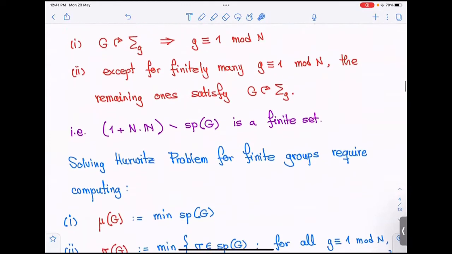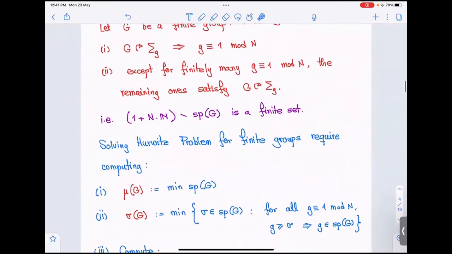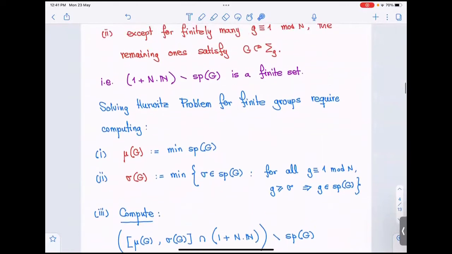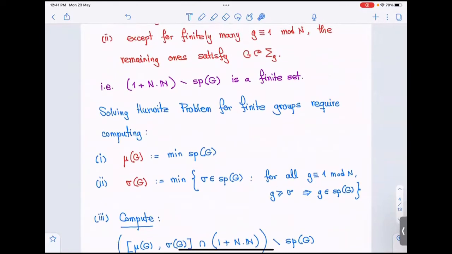So this means I would be focusing on 3 things. First, the minimum genus: I would like to compute the minimum of the spectra set. Second, I'd like to compute a number called the stable upper genus. Since all the spectra elements are part of this arithmetic set, you look for the sigma beyond which all elements of the arithmetic set are also genus of this group.